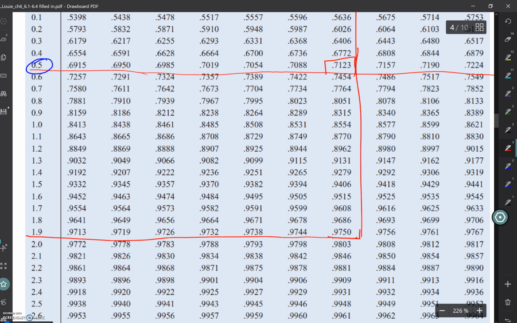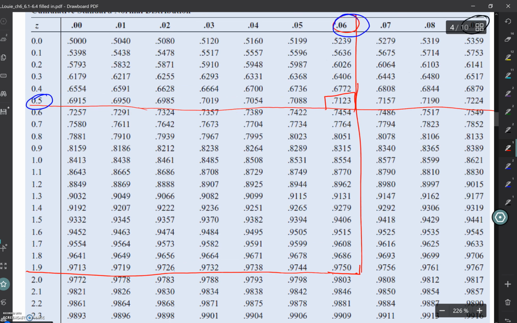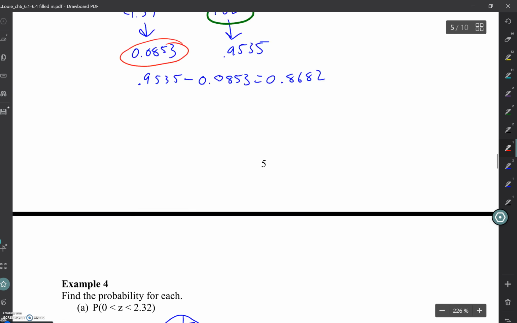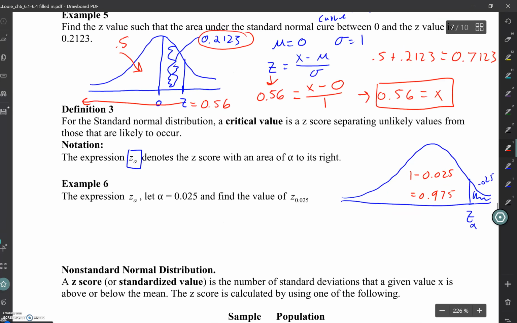And it puts me back in the column of the 0.06. So if I add those together, what's the z-score? 1.96. So I can say from the table, I got that z alpha is 1.96. That goes along with the area in the right tail.